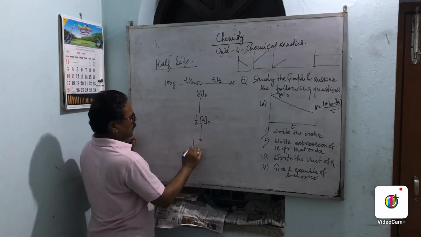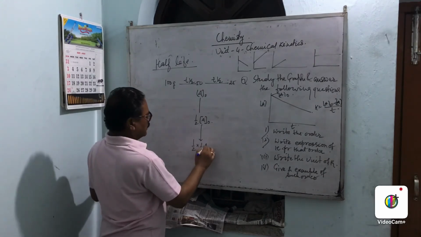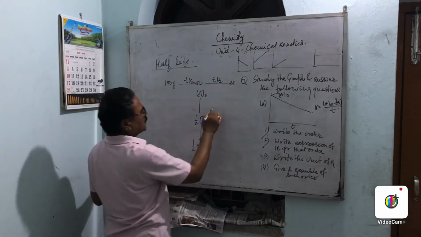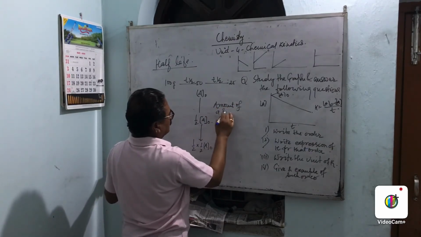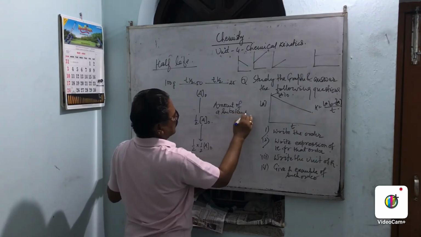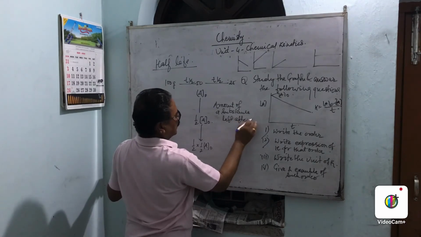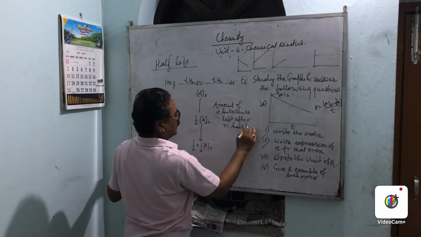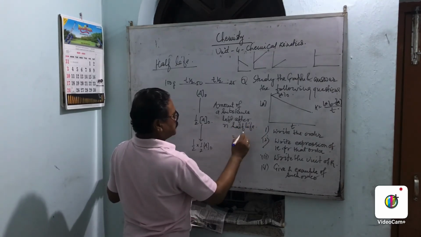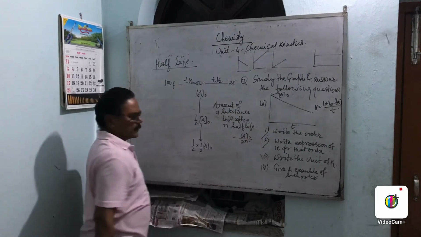Then it comes to be A by 4. So the amount of a substance left after n half-lives is equal to A by 2 to the power n, right?